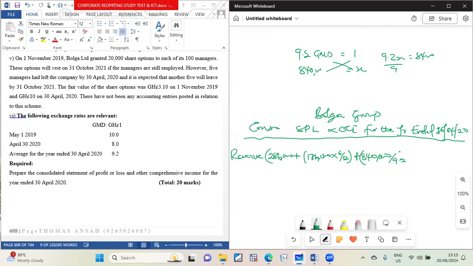When we read this, there was nothing like intra-group. So we can close it out. But cost of sales too will come. So the same thing. We know that here we are dealing with the 9.2.